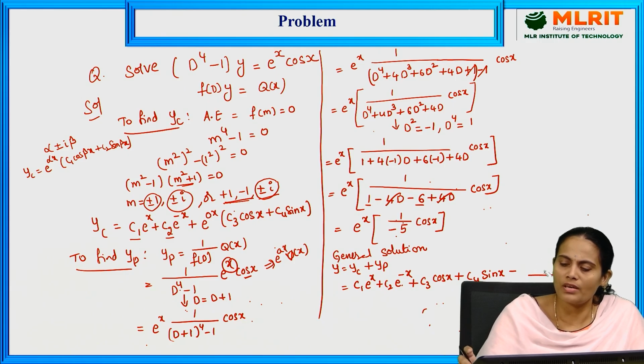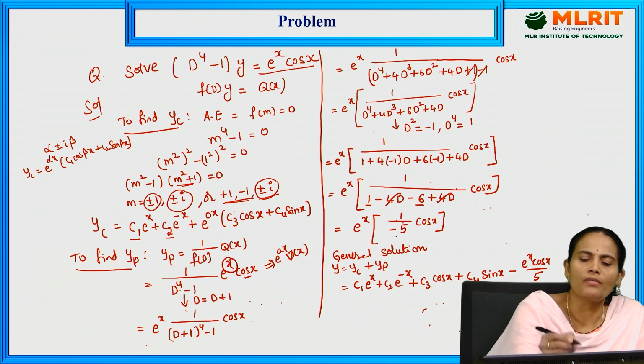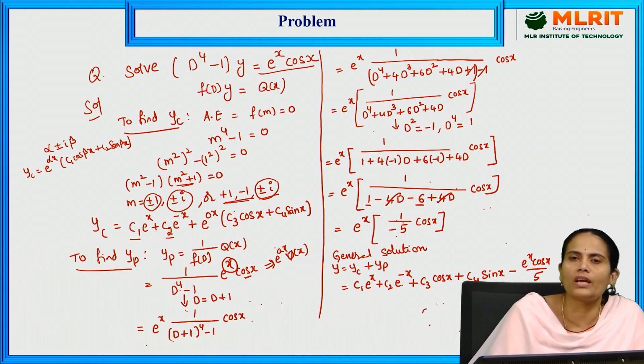So this is the general solution of the given differential equation when Q of x is e power x into cos x.